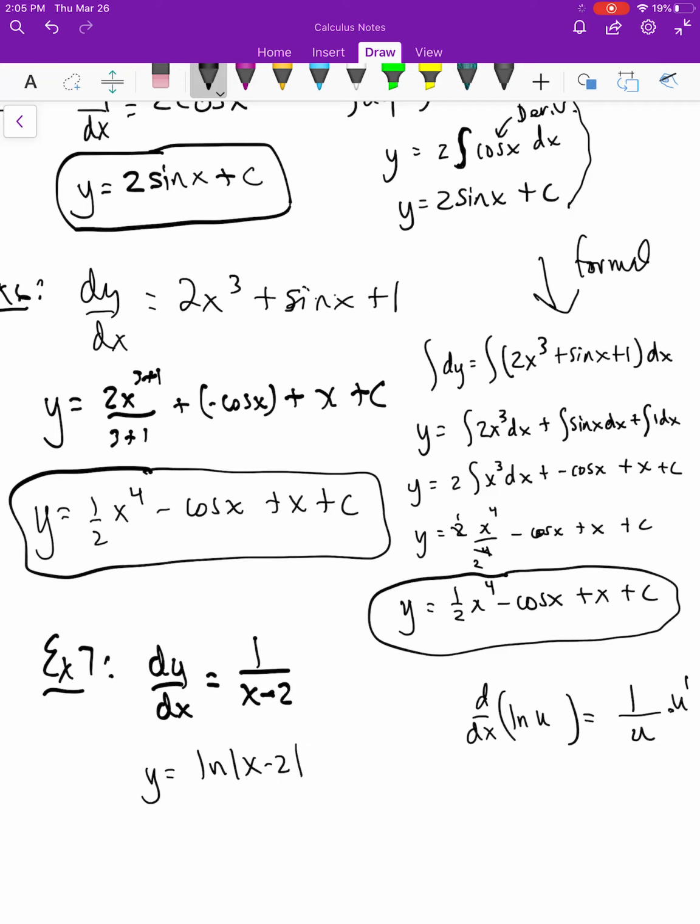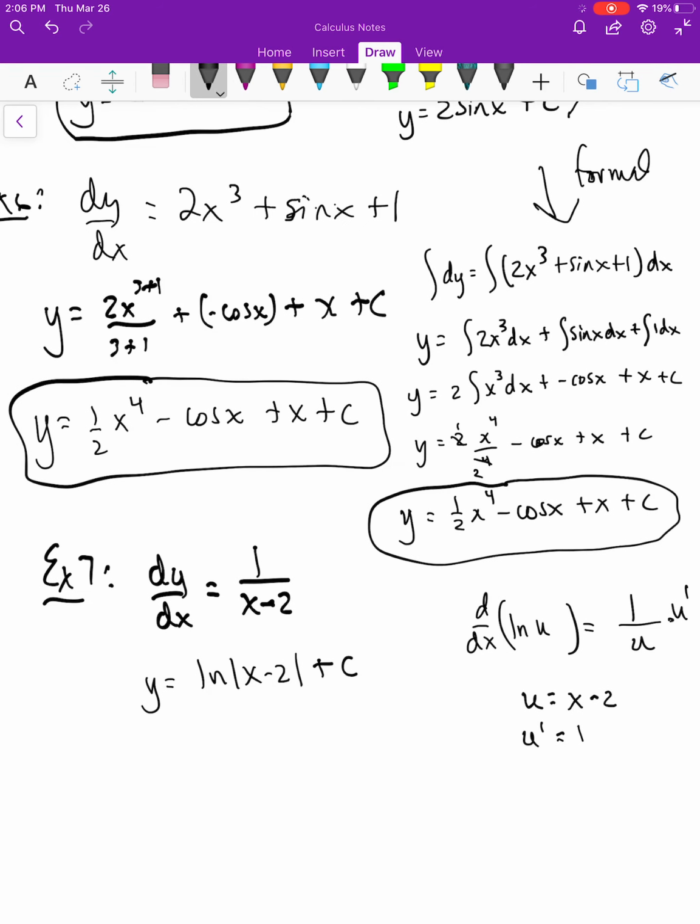So my thought here is going to be ln absolute value, because you can't have negatives, of x minus 2 plus some constant. And you remember your u prime here, if your u is x minus 2, your u prime is just going to be 1. So that works. Okay?